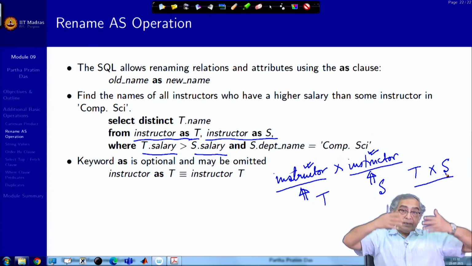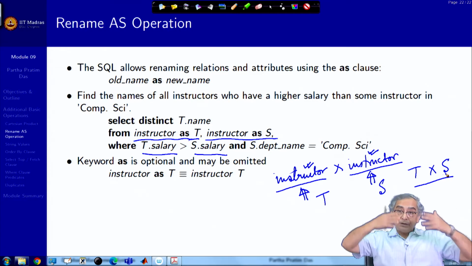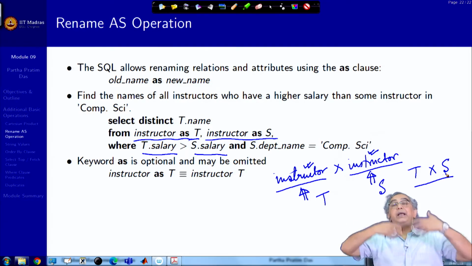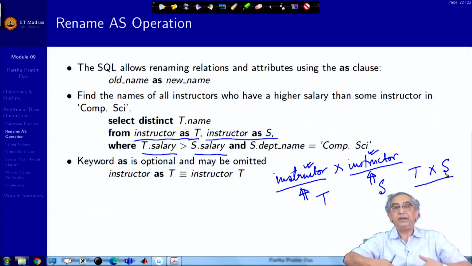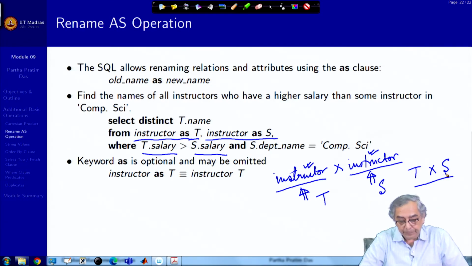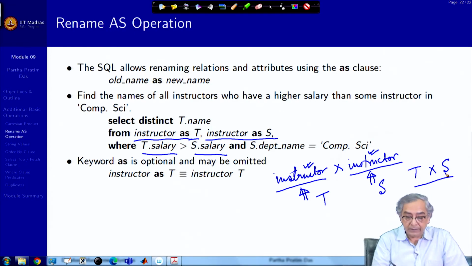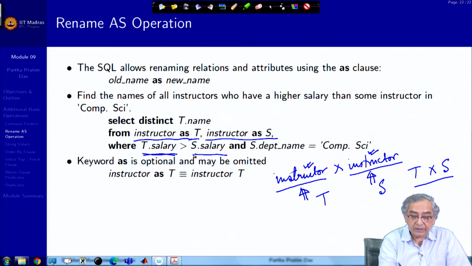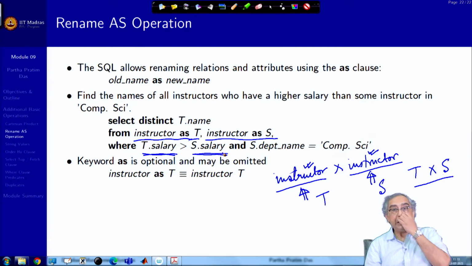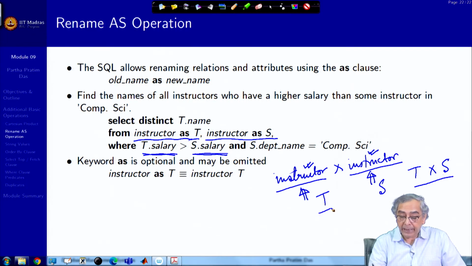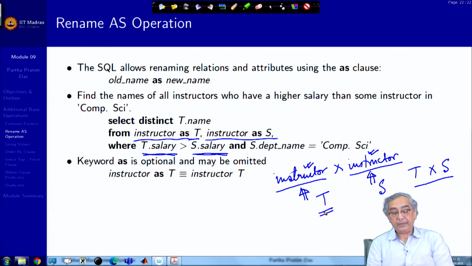So, you are taking a table and creating a Cartesian product with itself, joining the table with itself. Right. Now, as we do that, we say that T dot salary is greater than S dot salary. So, any record coming from T, I will keep provided the salary value is greater than the salary value here.